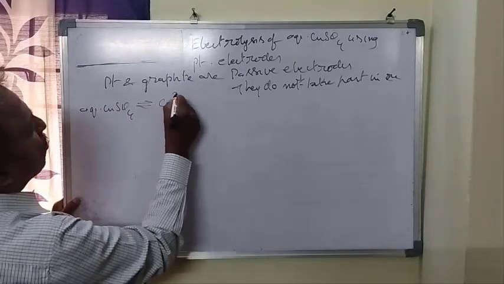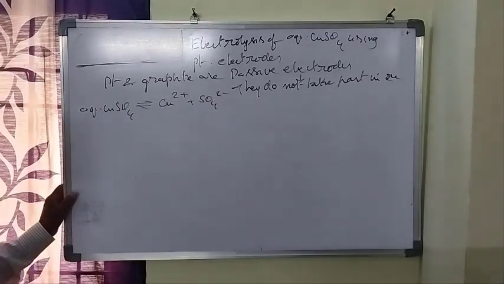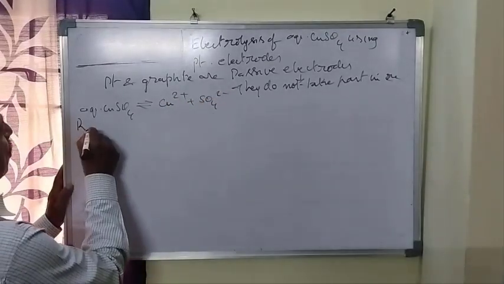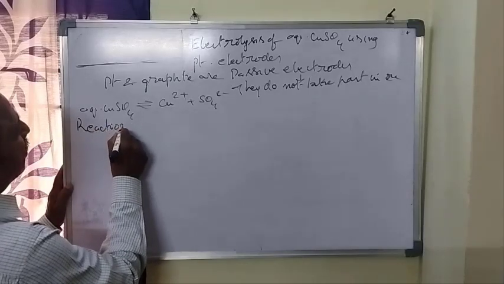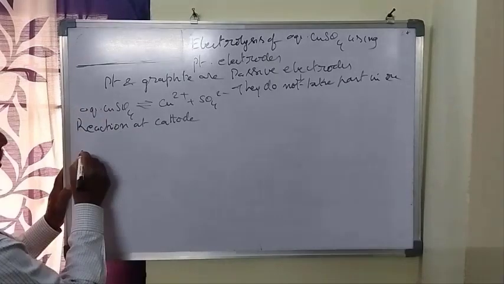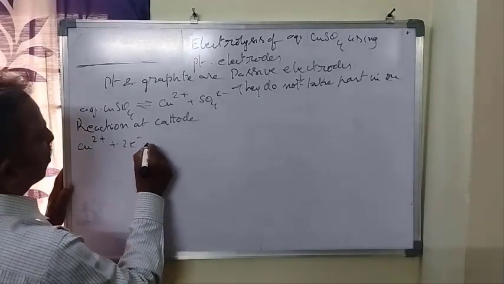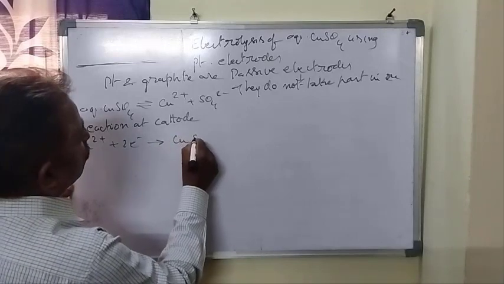Now, aqueous copper sulfate dissociates into Cu2+ ions and SO4 2- ions. Now, electrode reactions. Reaction at cathode. Cu2+ plus 2 electrons forms Cu solid.